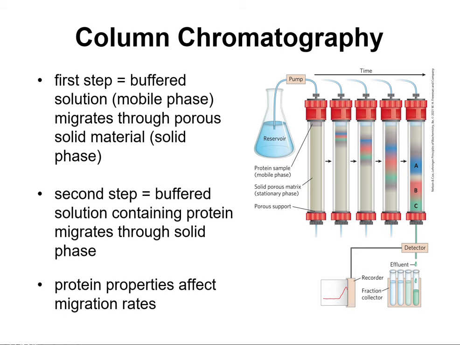As the proteins migrate through the column, you can collect them using a fraction collector. And you can detect, usually using UV-vis, so 280 nanometer light, which we said will detect those aromatic R groups of amino acids. You can use that to detect protein.